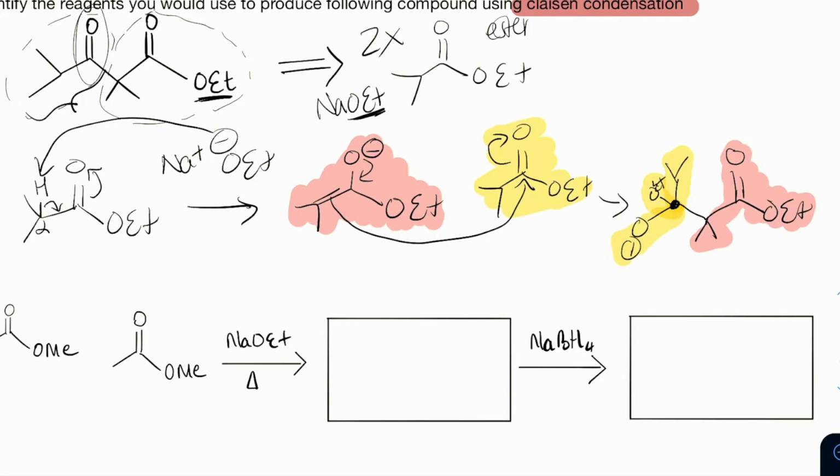It looks kind of ugly. I apologize for that, but these drawings can get messy when you draw the mechanism. But what happens is that when these electrons go back in to form a carbonyl, this acts as a good leaving group. And that's what ends up with this structure here. So you get that.